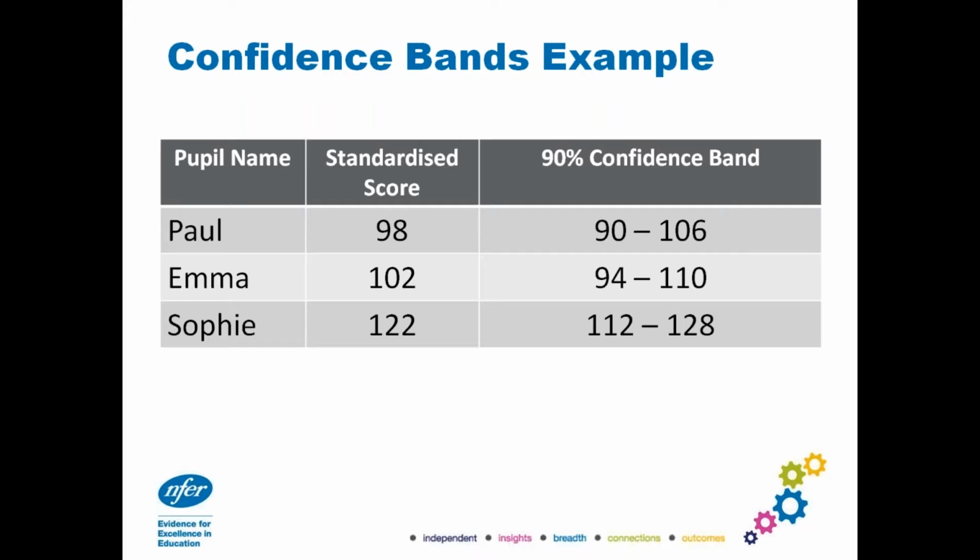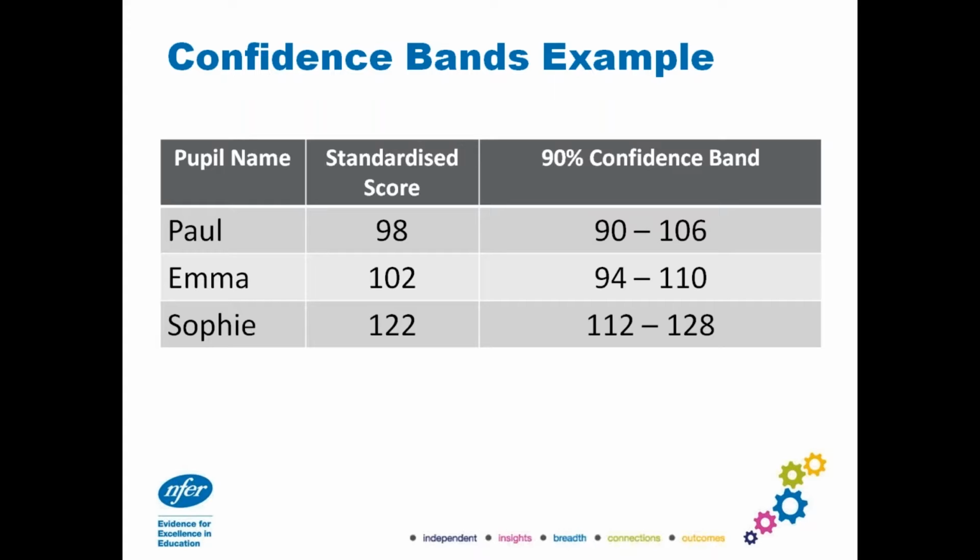So we've got 3 pupils here, Paul, Emma and Sophie, and you'll notice they all have different standardised scores on this reading test. The right hand column shows the 90% confidence band. For Paul, we know with 90% certainty that his true score in reading is between 90 and 106. Emma's standardised score is slightly higher than Paul's at 102.